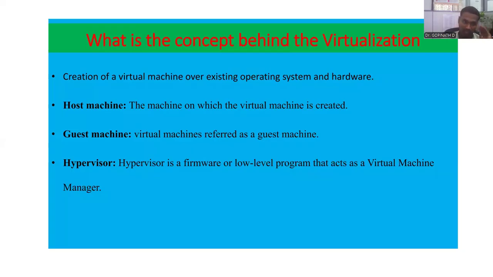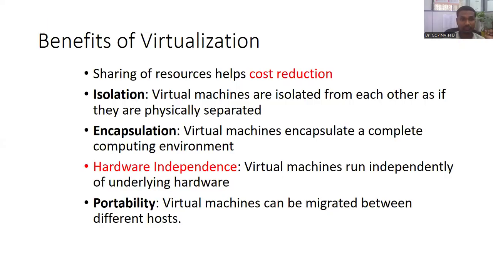So the three parameters: the host machine on which the virtual machine is created, the guest machine which is the virtual machine, and the hypervisor which is the virtual machine manager. Three things are there.